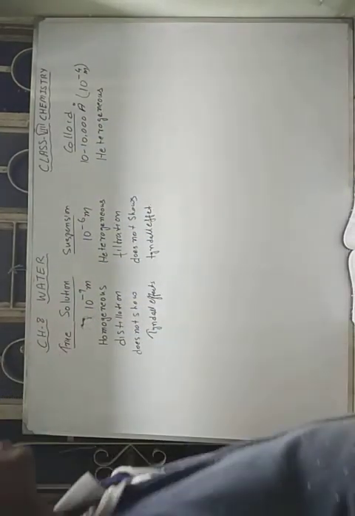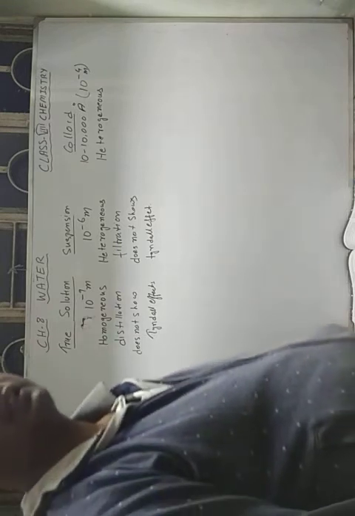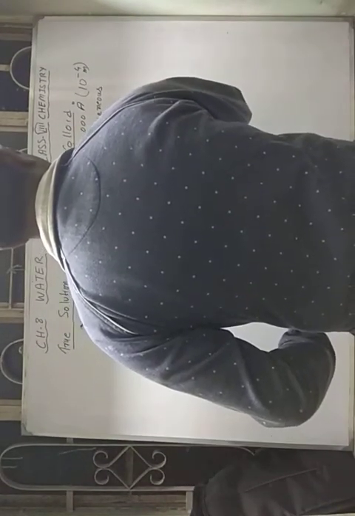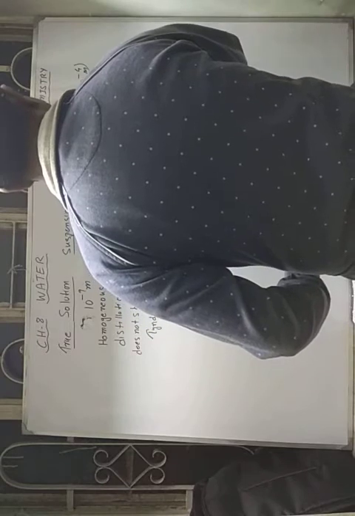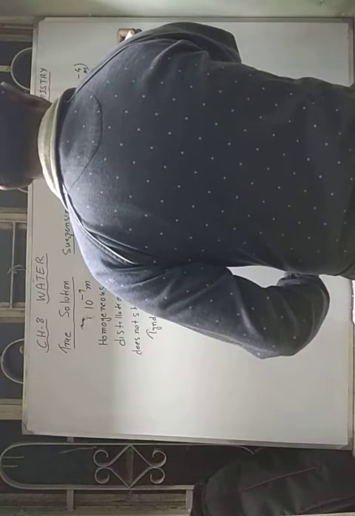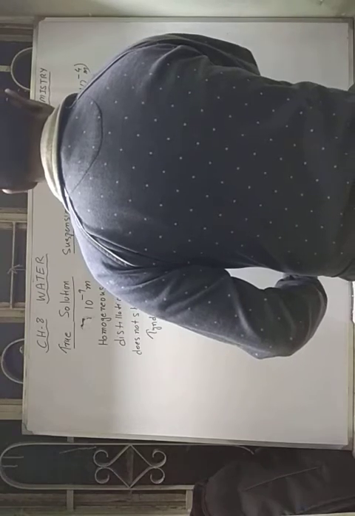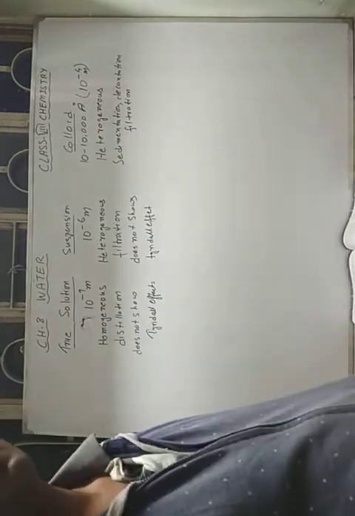Here the colloidal particles can be settled down, so they can be separated. We can follow sedimentation, decantation and also the filtration process for separating solute particles from the colloidal solution.